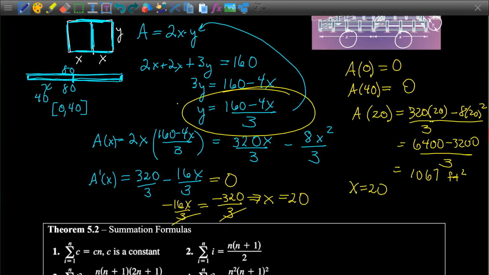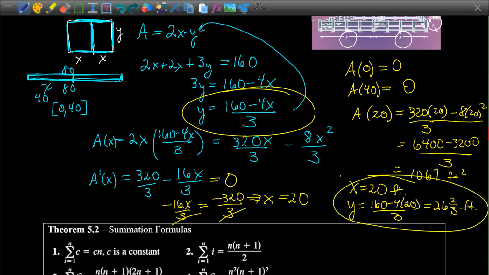So our y should be approximately 26 2/3. I'll go ahead and say exactly 26 2/3 feet. So that's our actual answer there.